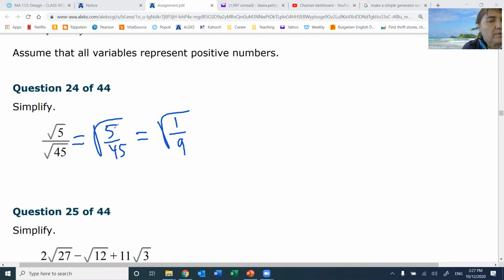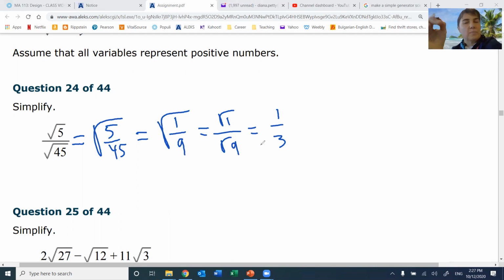If you divide them both by 5, you're going to get 1 over 9. And then, now you can split it again for fun. Right? So it's going to be 1 over 3. Or you can just do it without splitting them, but if you need steps, you just split them. Right.